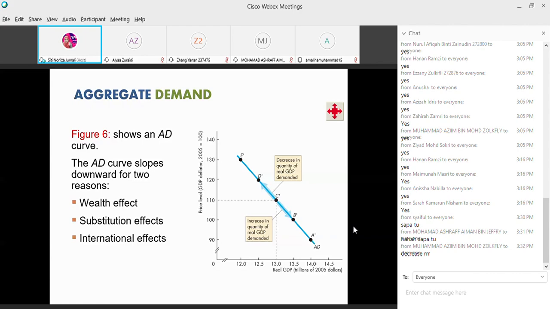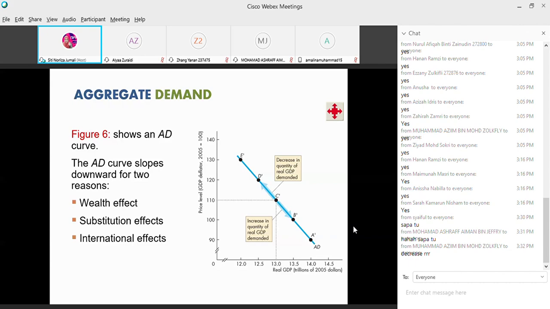So we start with the P, with the price level increase. In order to explain how the price level affects real GDP, you have to explain what will happen to the wealth. So we start like this: price level increases, purchasing power decreases, wealth decreases.